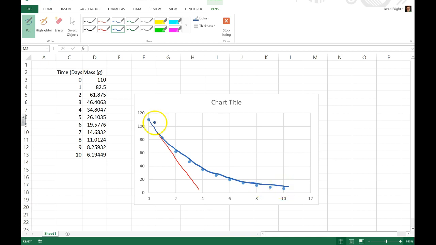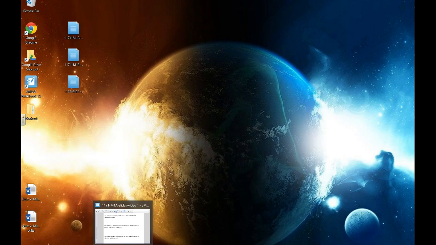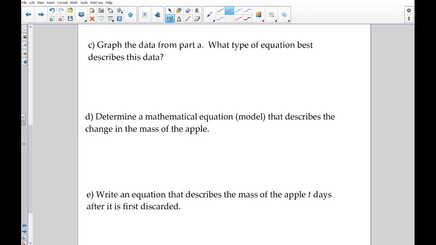It decreases quickly and a little less quickly over each time period. So it's decreasing at a decreasing rate, and that is indicative of an exponential model. So probably an exponential model.